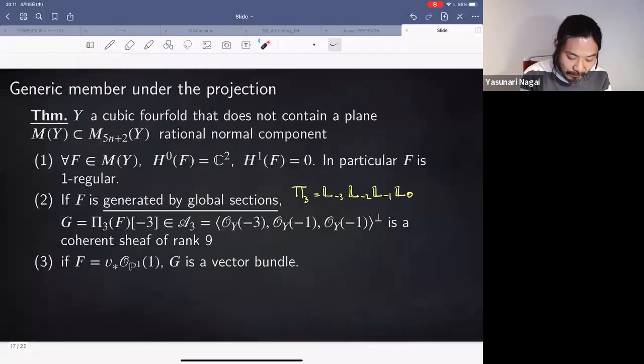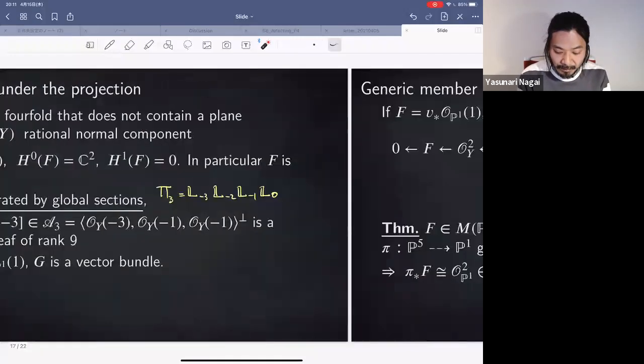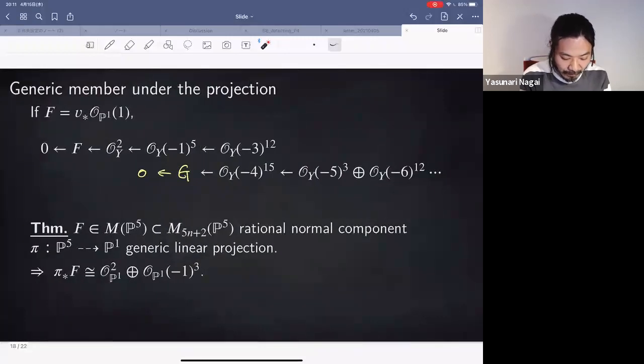And in a sense, this first point is important. And this comes from another theorem. Here we work on P5 and take the analogous moduli space of stable sheaves of Hilbert polynomial 5n plus 2, and then take the component the rational normal curve belongs to.